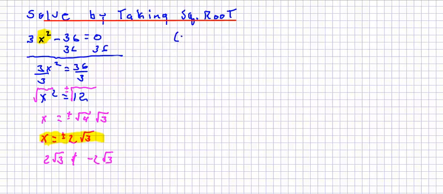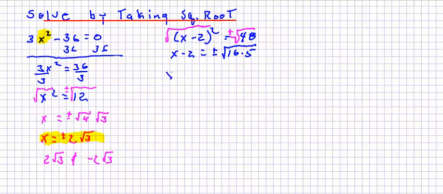Quantity x minus 2 squared equals 48. Since my binomial that's being squared is already isolated, I just take the square root of both sides, plus minus, and I get x minus 2 equals plus or minus the square root of 48. 48 is 16 times 5.